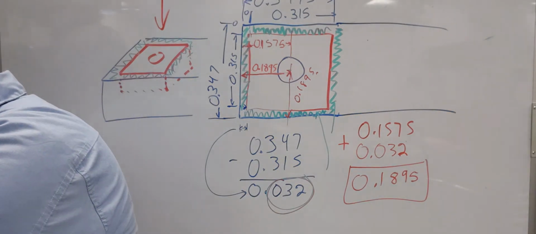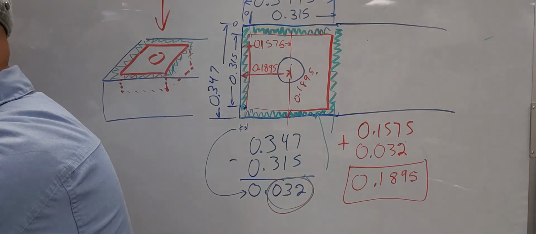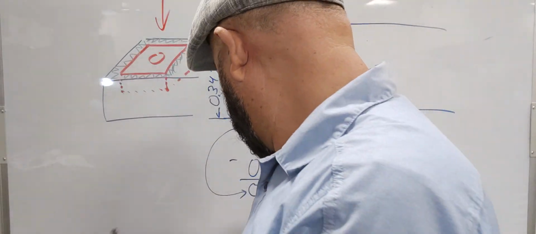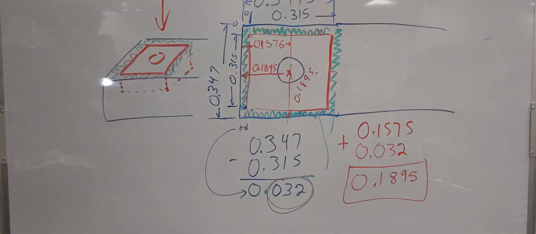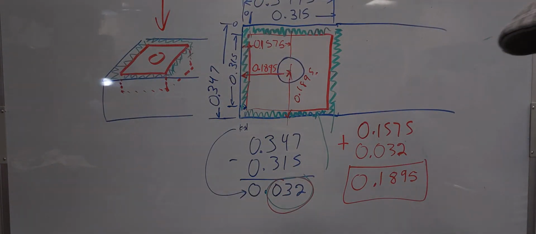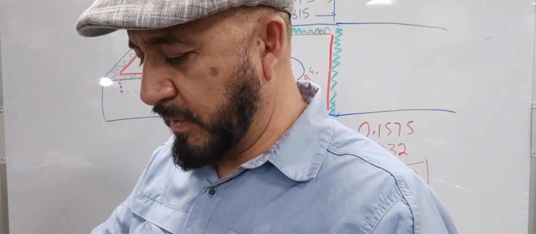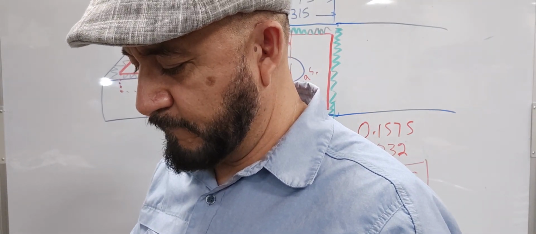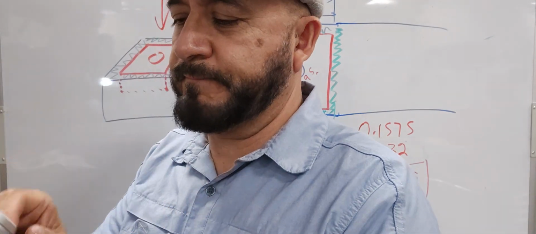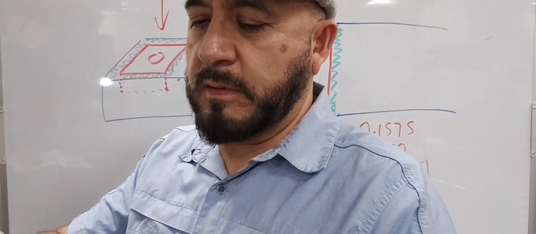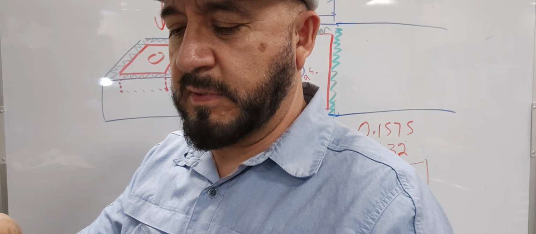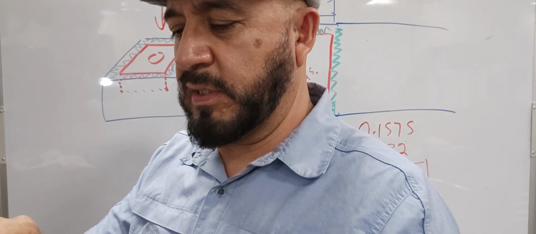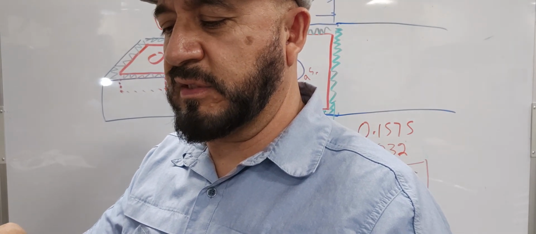And let's take a look and see how much this measures. So I have my caliper right here. Make sure it's a 0, calibrated. And this measures 312.